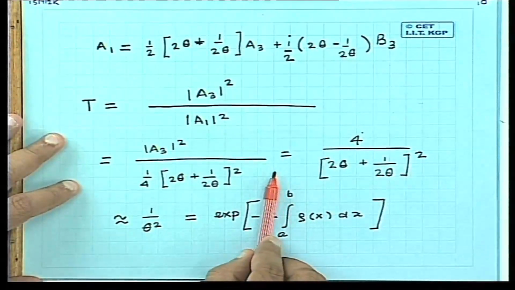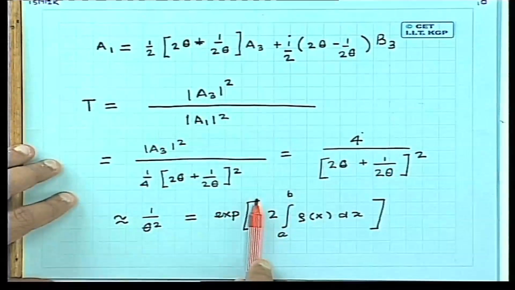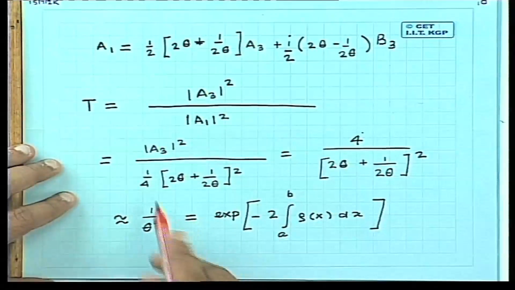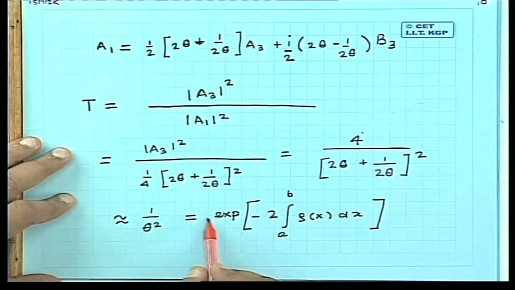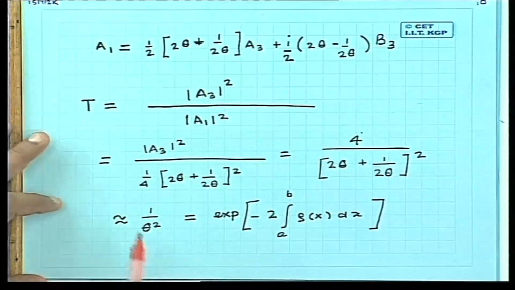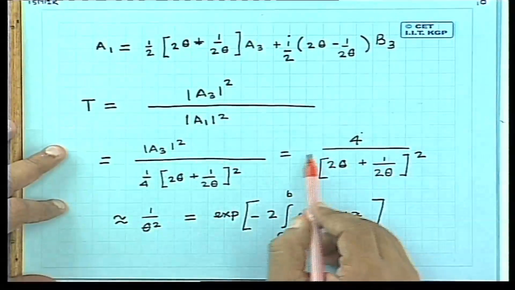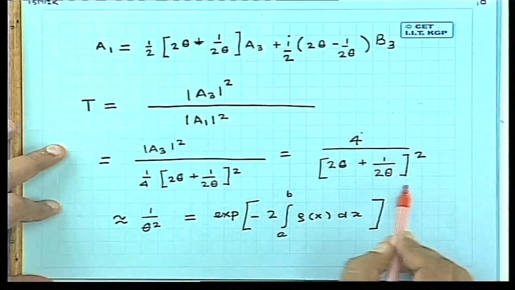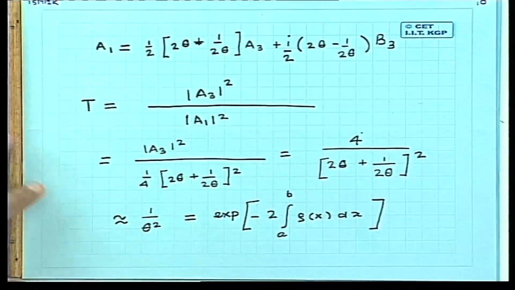This without the factor of 2, and without the minus sign, is theta, and the transmission coefficient involves exponential of minus 2 theta. So when theta is large, the transmission coefficient turns out to be this, and for all values of theta the transmission coefficient is equal to this. Okay, so this is what we had done in the last class.